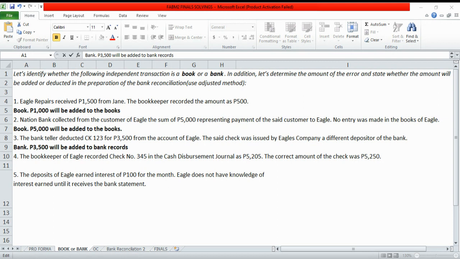So that should be deducted in the record of the Eagle's books. That is a book.